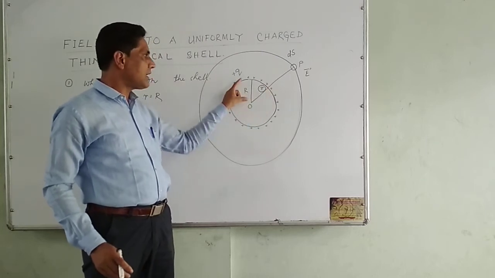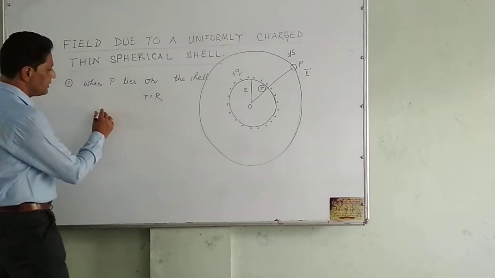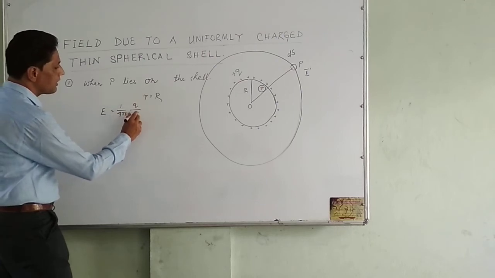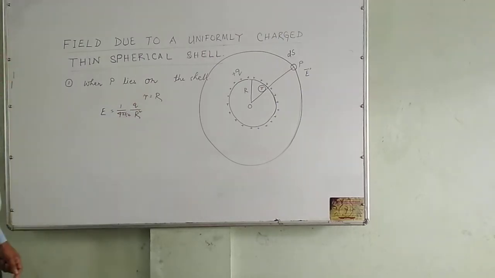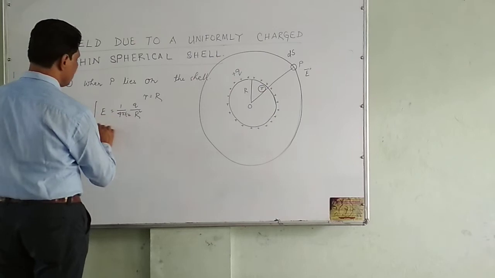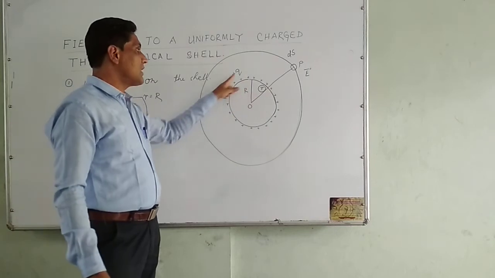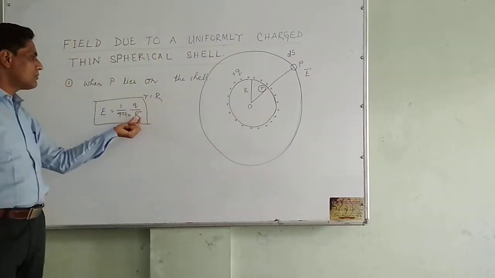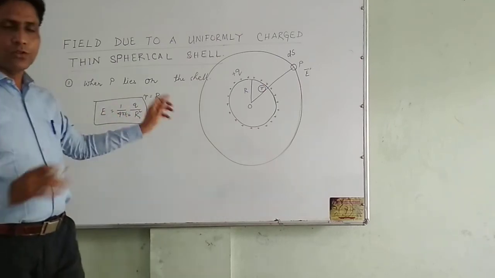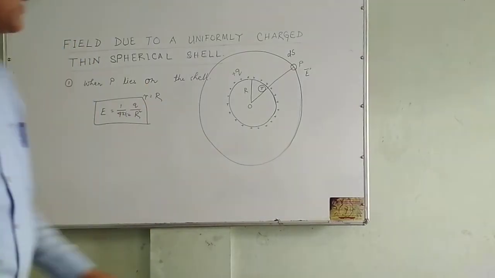So r and R will be the same. Simply put the value, E equal to 1 by 4 pi epsilon naught Q by R square. Instead of small r, we have to replace it by capital R. So this is the value of electric field on the charged spherical shell.